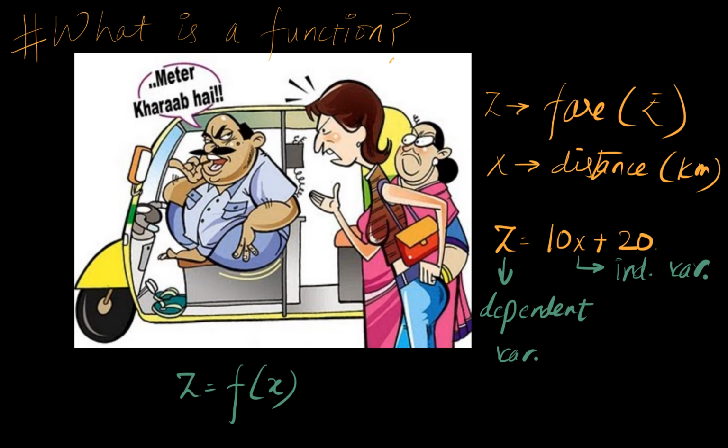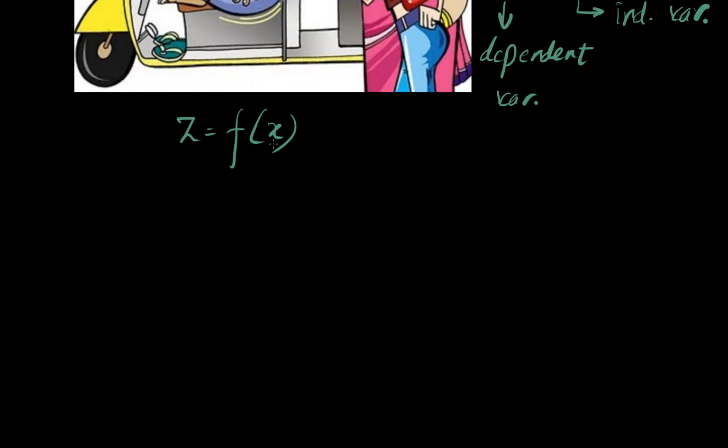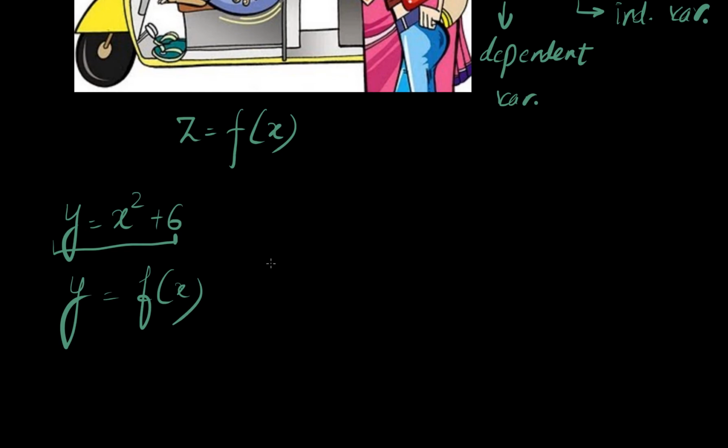So a function can be anything. For example, suppose you have the function y is equal to x squared plus 6. This is a function where y is a dependent variable and x is an independent variable. So y is equal to x squared plus 6 is how y varies with x. So I can write y is a function of x.